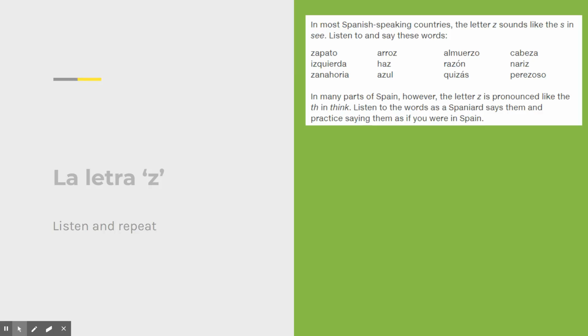Zapato. Izquierda. Zanahoria. Arroz. Haz. Azul.